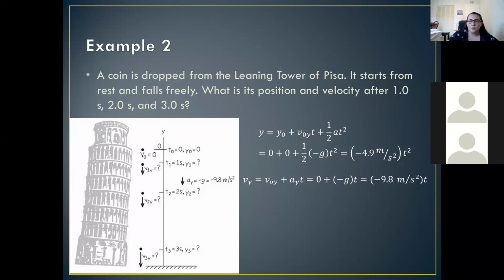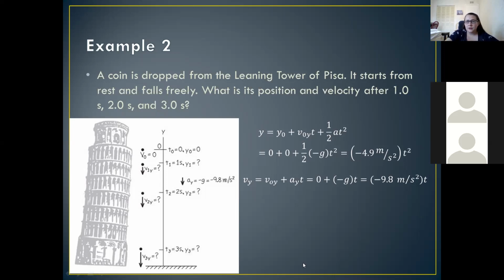We're dropping it from rest, so our initial y velocity is 0, so that goes away in our equation. And we know that our acceleration in the y direction is our acceleration due to gravity, and that is a downward acceleration. So our equation becomes y equals 0 plus 0 plus 1/2 negative g t squared. Again, negative g because it's pulling it downward. We know g is approximately 9.8.